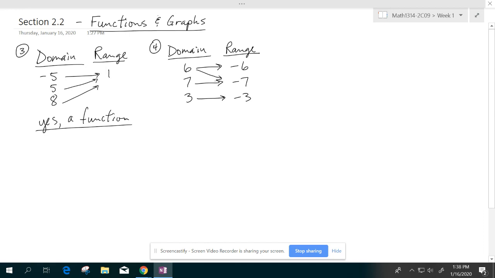So there is the relationship for number 4.